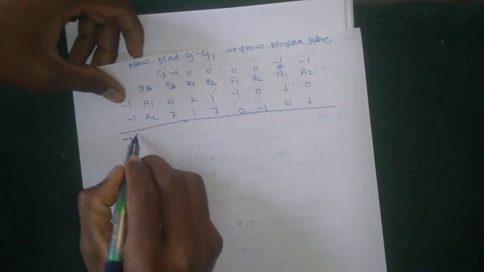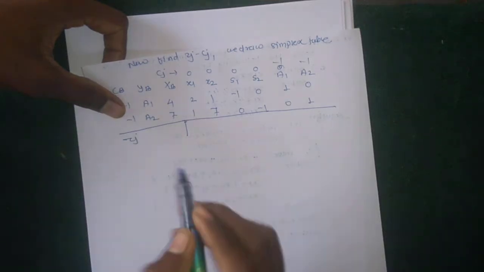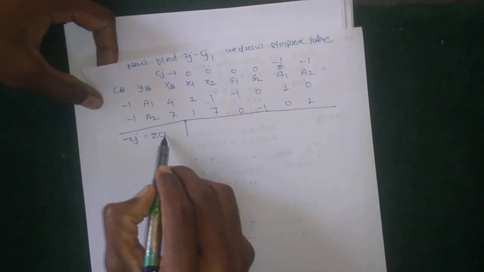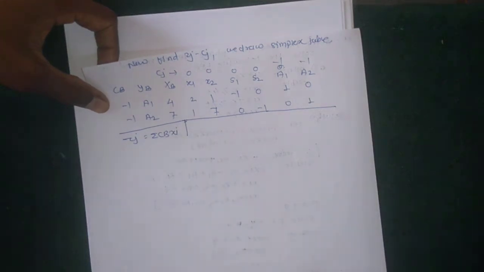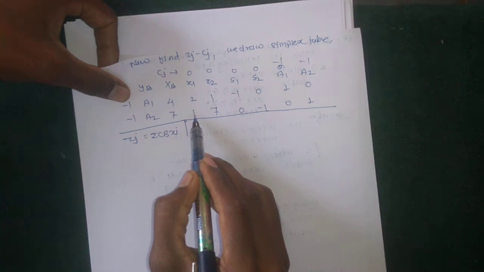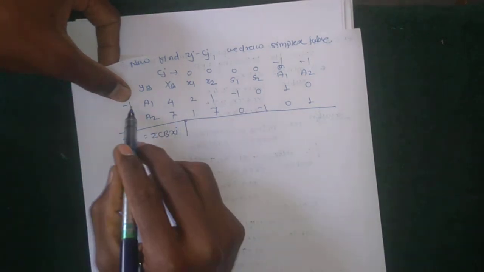So here we add the Zj column. Zj means summation of Cb times xi. Here -2 -1 -3 in the Zj column.